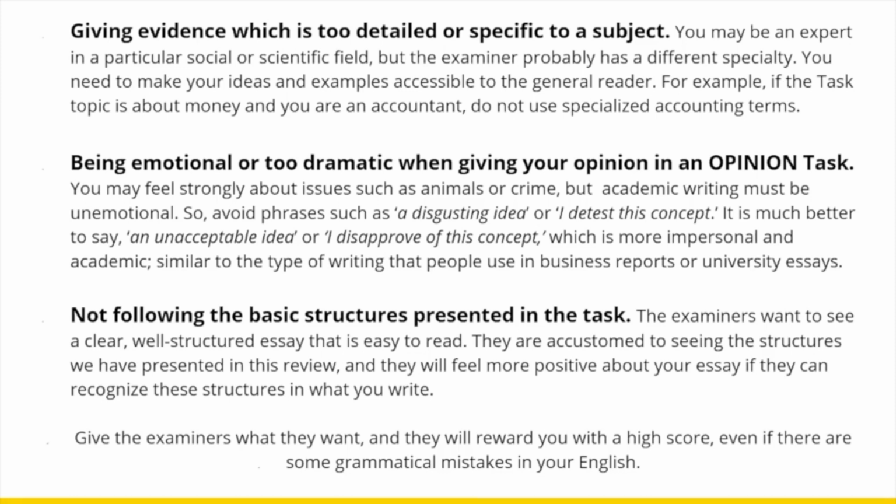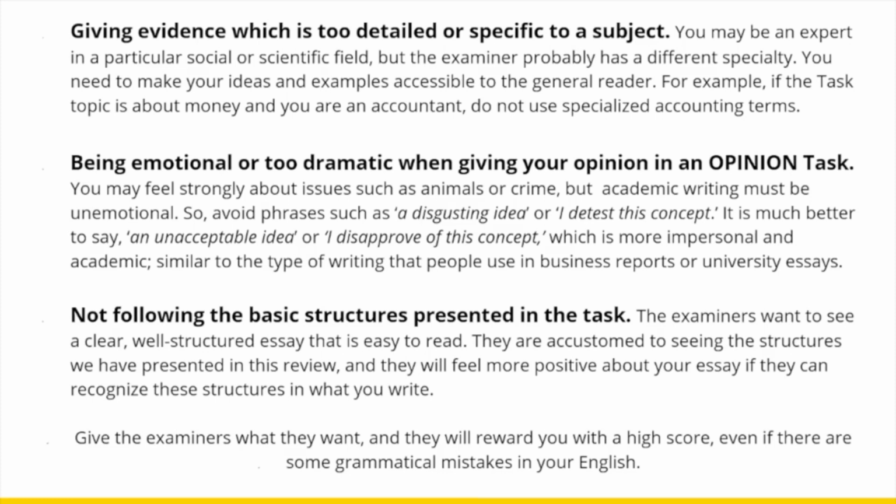So make sure you follow a specific structure and you sound positive in your essay and you practice a lot before you take your test. And remember, if you do all these points and you follow all the task requirements you have to complete, I'm sure the examiner will be happy to reward you with a very good band score.